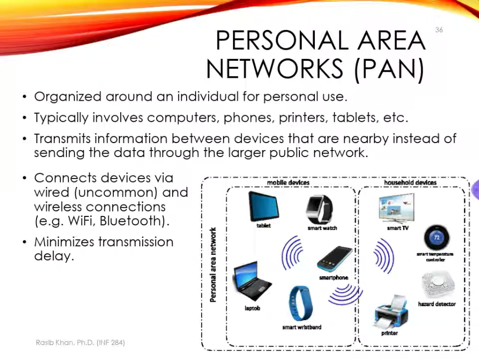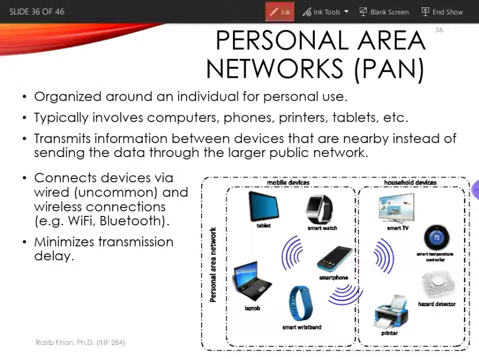So in terms of the scale-based classification, the smallest would be PANs, that is personal area networks. They are organized around an individual for personal use, and the best examples for this would be smart watches, smartphones, laptops, health wristbands, etc. And they are connected via short range technologies, for example, Bluetooth.